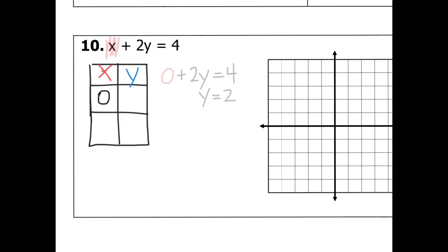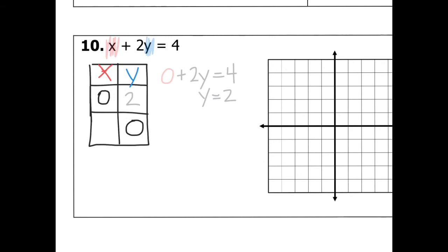Now, if you don't understand where I got that, I covered up this 0 because zeros don't matter, and I decided I needed to find out 2 times something equals 4 to find my y. So I knew that 2 times 2 equals 4, which meant my y was 2. Now what we did is to find another point and find it easily, so we decided to say what would happen if our y were 0. So what would happen if I took out this y and replaced it with a 0?